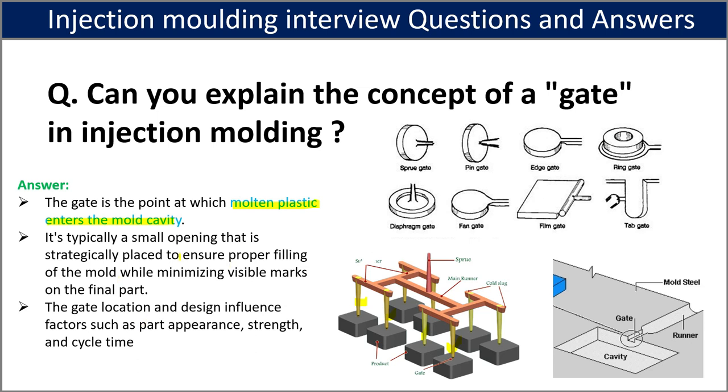So it will minimize the visual marks on the final part. It is a small opening. The gate location and design influence factors such as part appearance, strength, and cycle time.